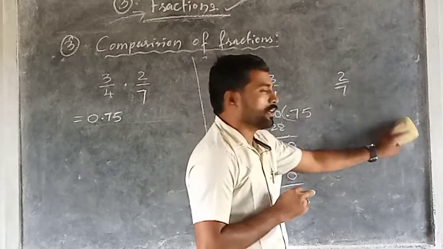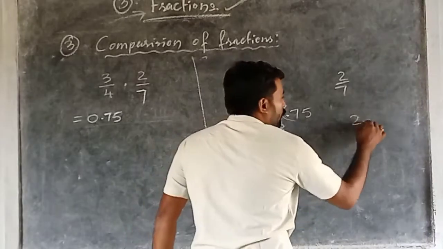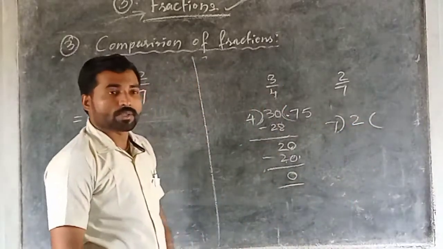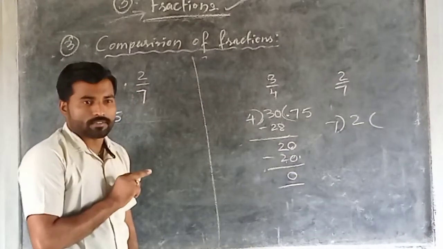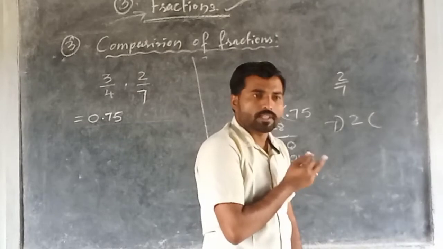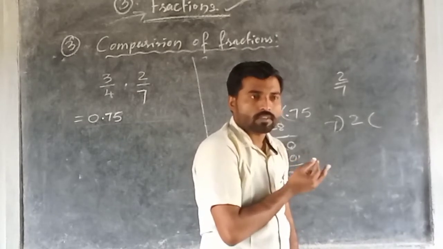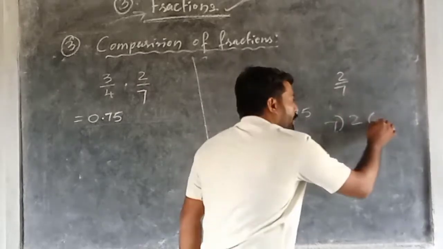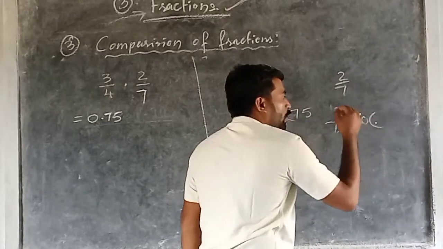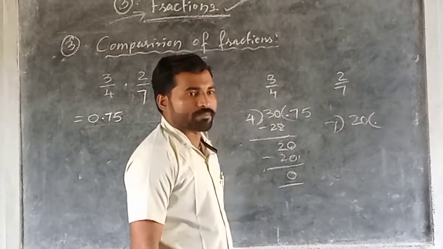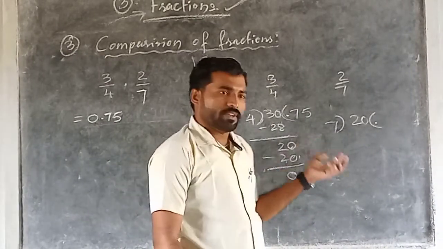So how to write? 2 is divided by 7. Is this division possible? No. That is why what should you do? Put a point and take 0. Now 2 becomes 20.